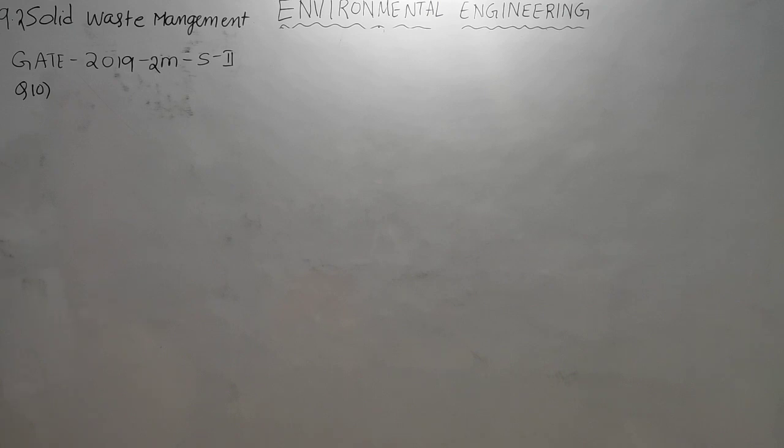So here the question is like this, very lengthy question, long question. Raw municipal solid waste MSW collected from a city contains 70% decomposable material that can be converted to methane. The water content of the decomposable material is 35%.